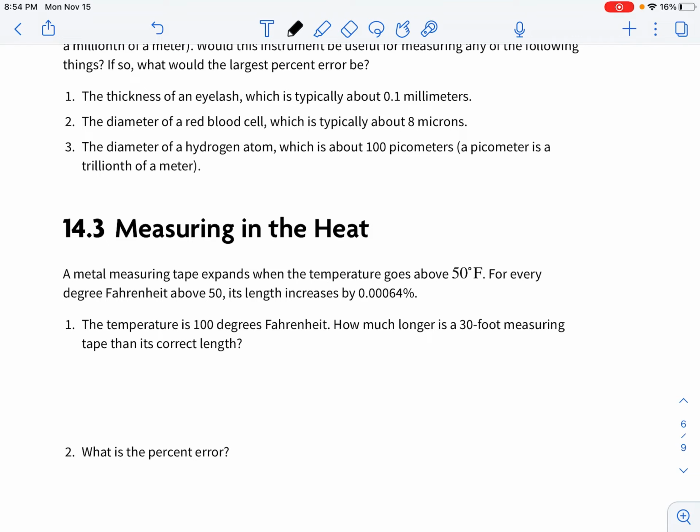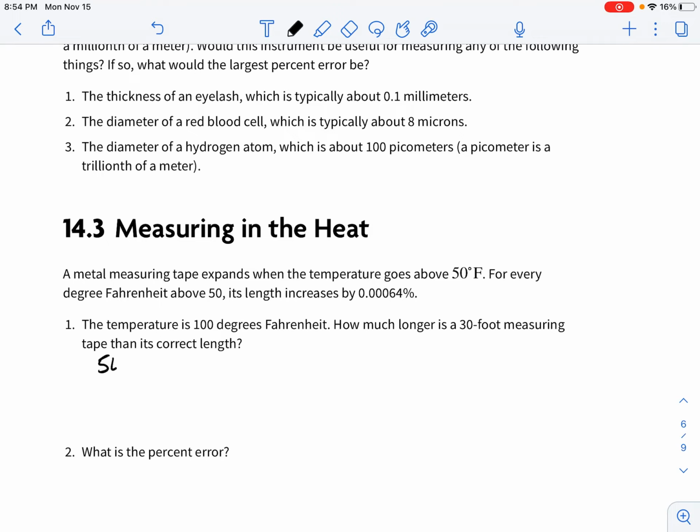Okay, so it tells us that a metal measuring tape expands when the temperature goes above 50 degrees. For every degree Fahrenheit above 50, its length increases by 0.00064%. Okay, the temperature is 100 degrees Fahrenheit. How much longer is a 30-foot measuring tape than its correct length? So it increases by 0.00064% for every degree.